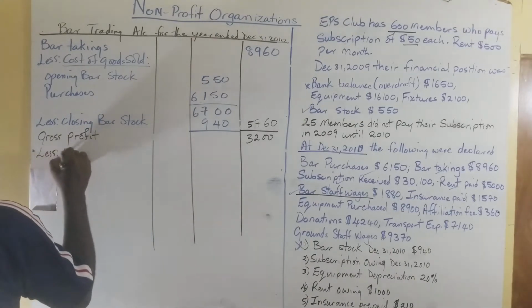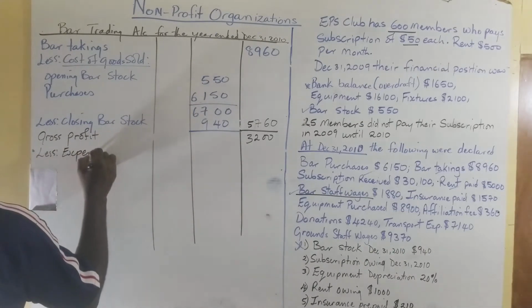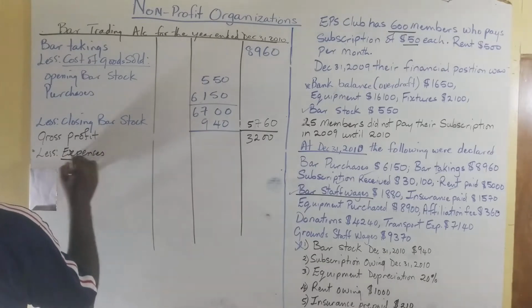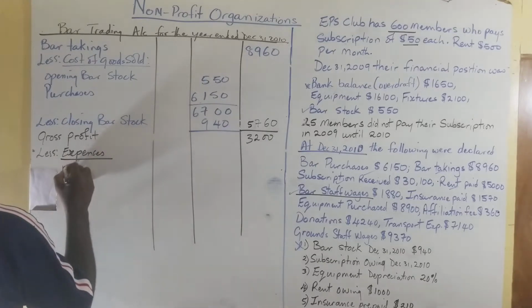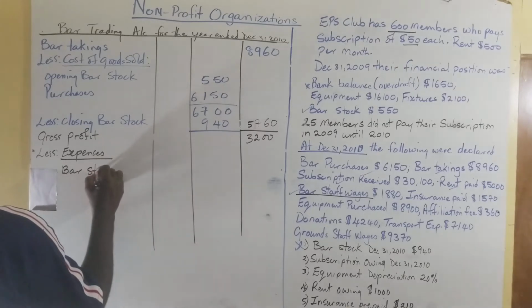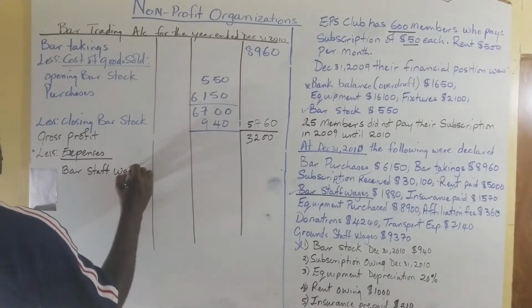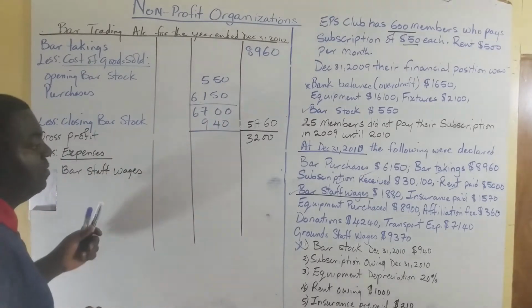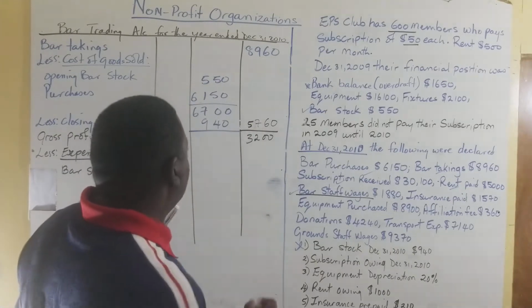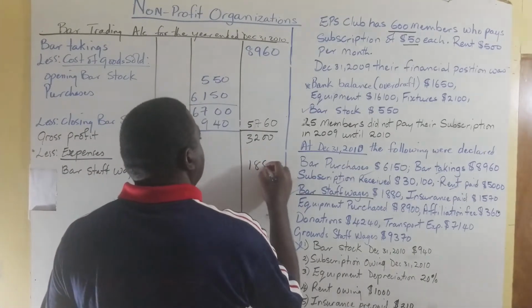Less expenses. And so we have bar staff wages. All right, so we account for it. It's going to be 1,880.